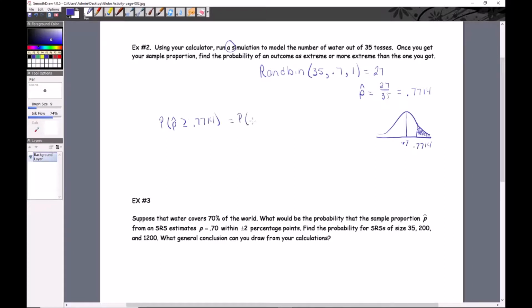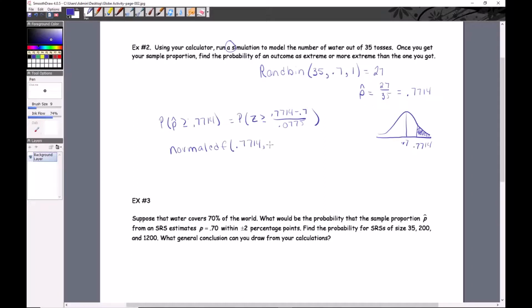That's the probability that z is greater than or equal to 0.7714 minus 0.7, and it's 35 attempts, so it's still that same standard deviation, 0.0775. And let's just shortcut that. So this will be normal CDF. The low end will be 0.7714.